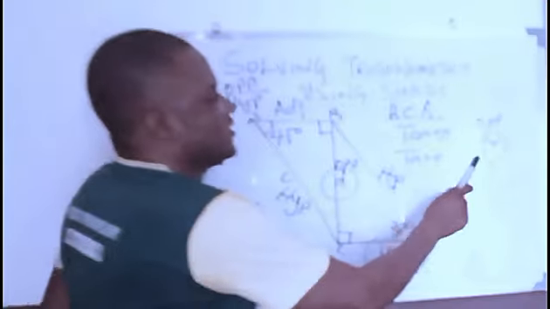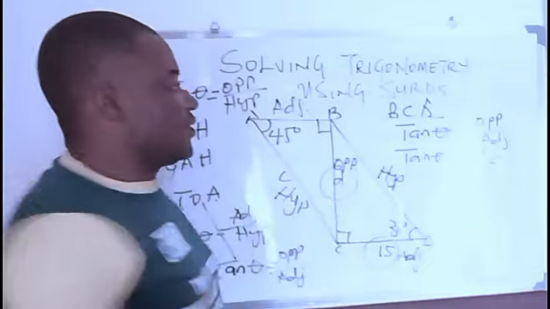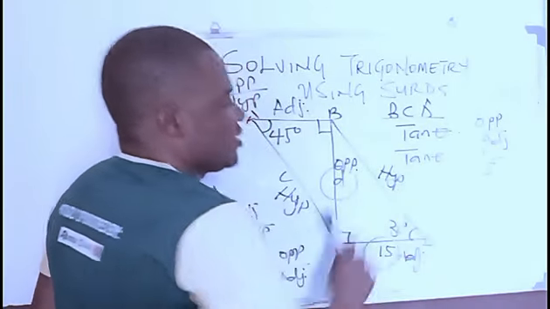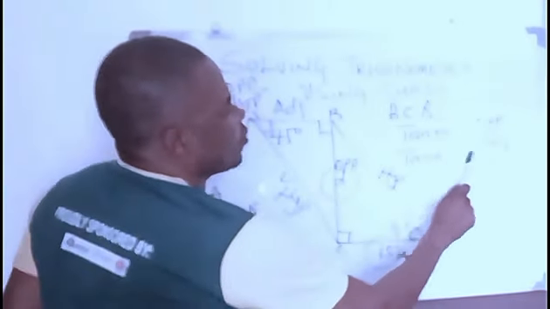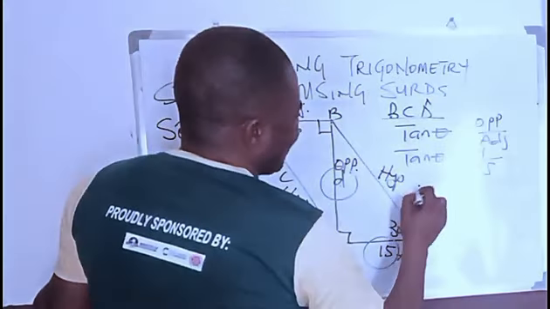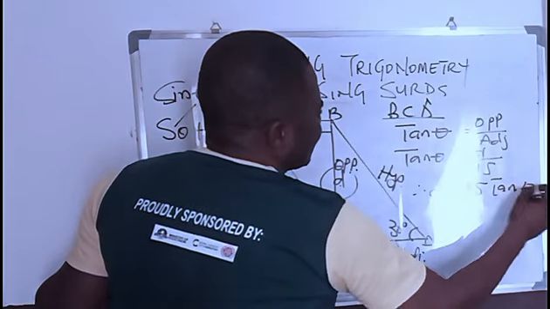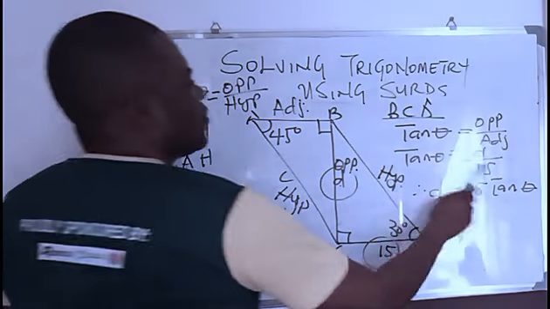We are going to look for D. So we cross multiply. Simple mathematical analogy. So 15 tan theta equals D. Therefore, D is equal to 15 tan theta, because we have cross multiplied.